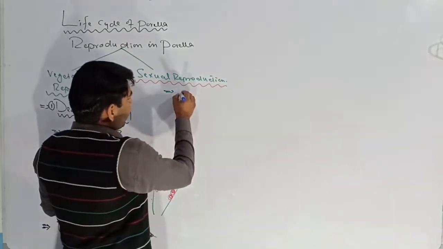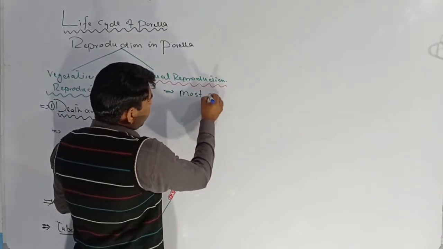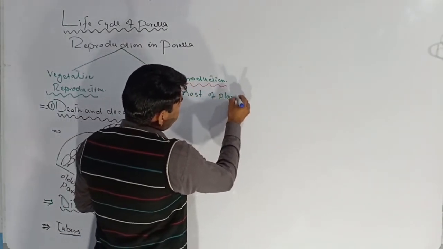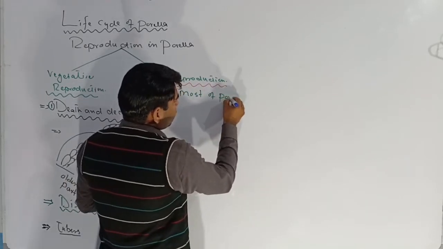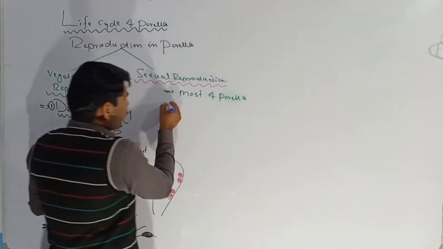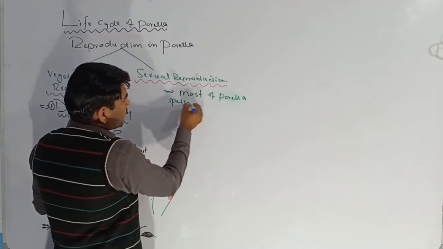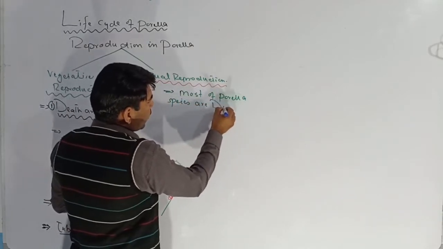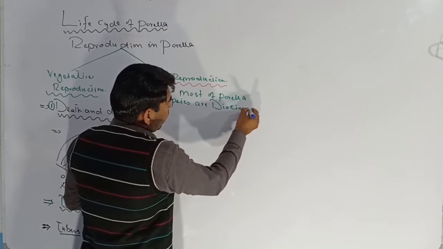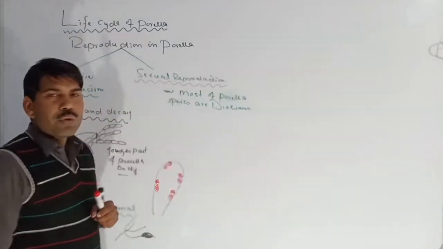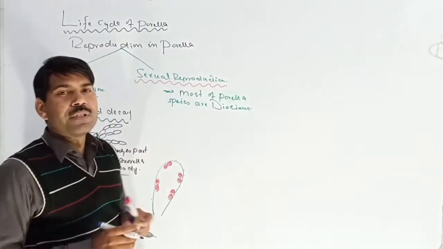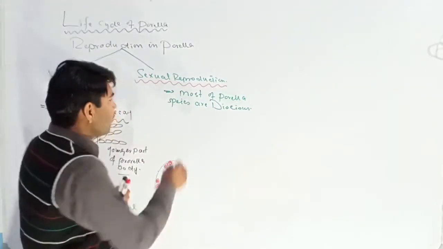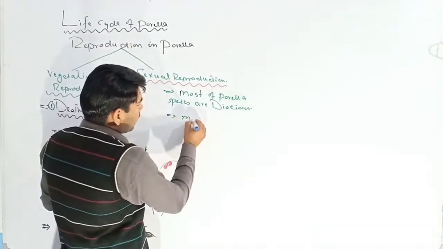We can write here: most of the Porella species are dioecious. Most of the Porella species are dioecious, but only a single species in this genus is monoecious.